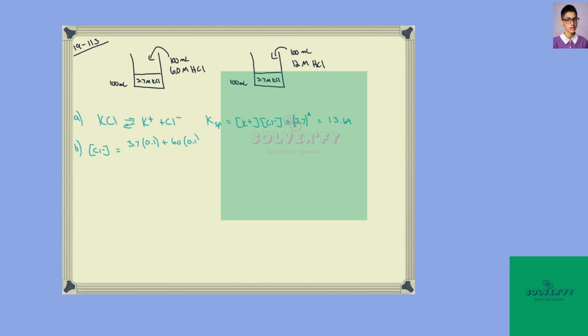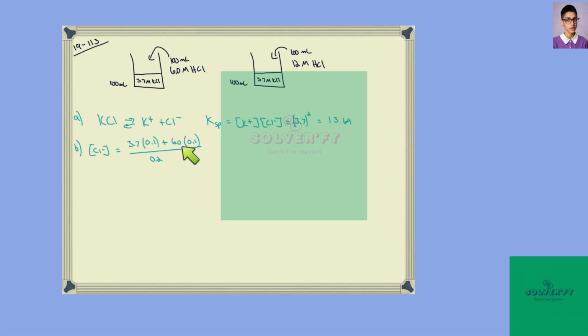The chloride concentration that we have once we have added 6 molar HCl with an additional 100 milliliters of HCl will simply be the molarity of the chloride in the 100 milliliters, so 3.7 multiplied by 0.1 liters, plus the moles of chloride that were added from the 100 milliliters of 6 molar HCl.